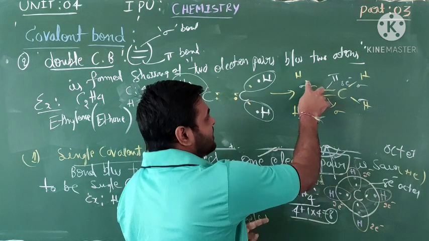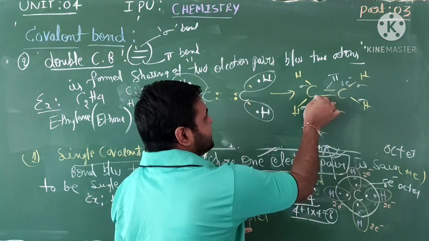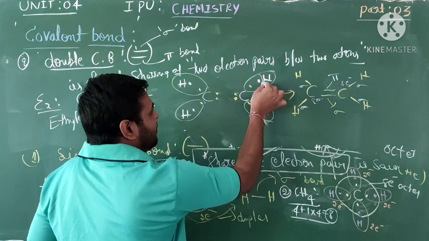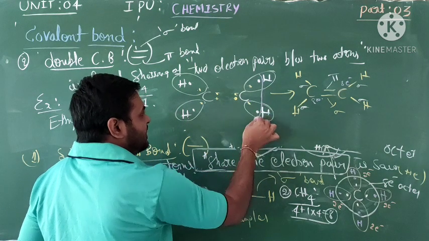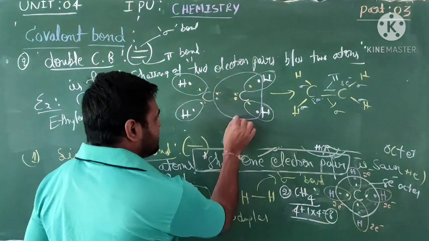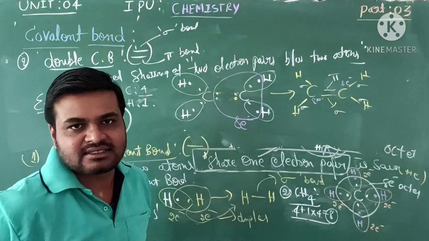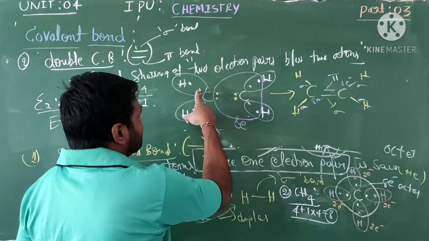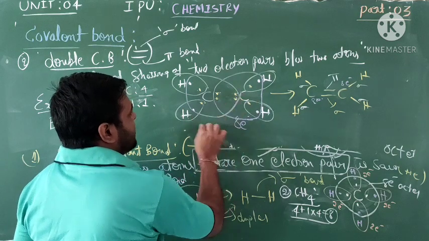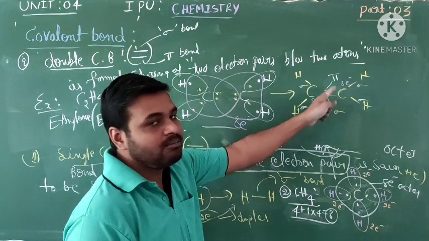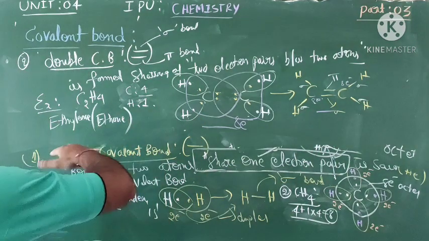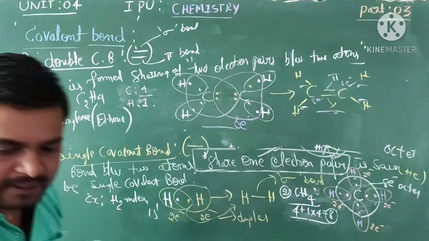In this carbon also, 1, 2, 3, 4, 5, 6, 7, 8. This is the noble gas configuration. This carbon also has 8. Okay, this makes the double bond. This is the type of structure we represent for double bond formation.